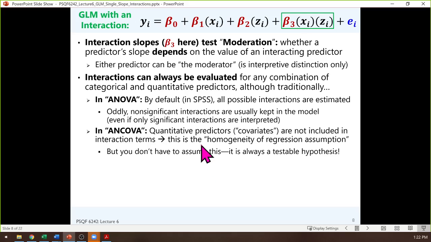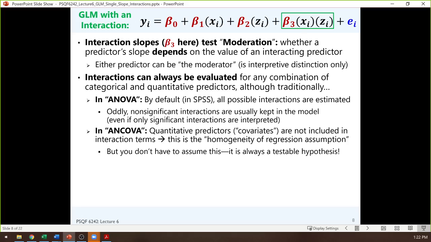In contrast, if you were still in the ANOVA class and you added a covariate, now that terminology refers to a quantitative predictor in particular. The software does not let you interact that with any of your IVs.